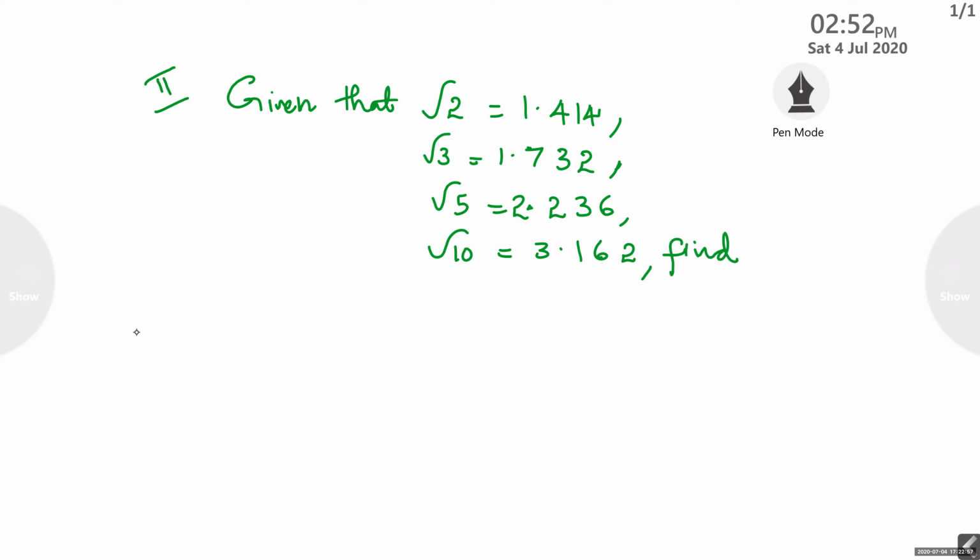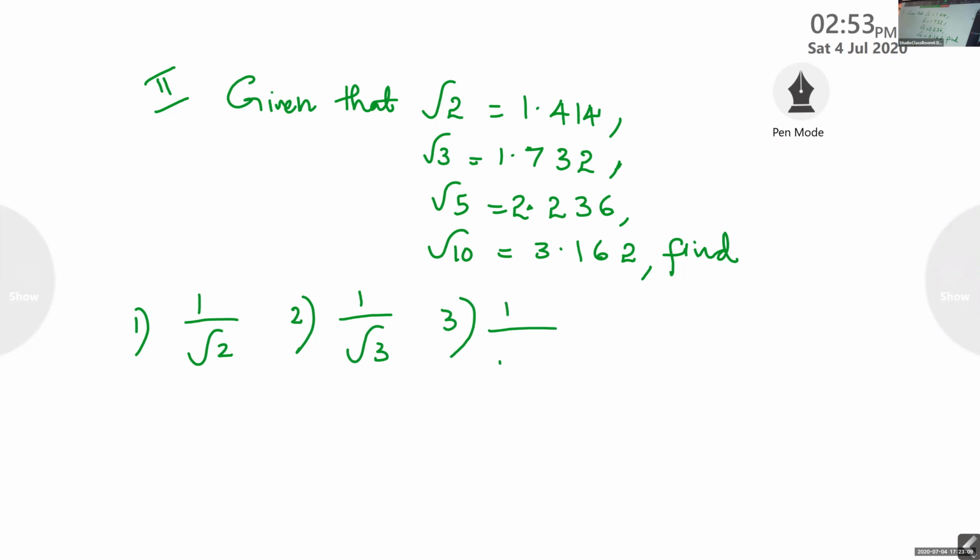Find: first one, 1 by root 2. Second one, 1 by root 3. Third one, 1 by root 10. Fourth question, root 2 plus 1 by root 5.